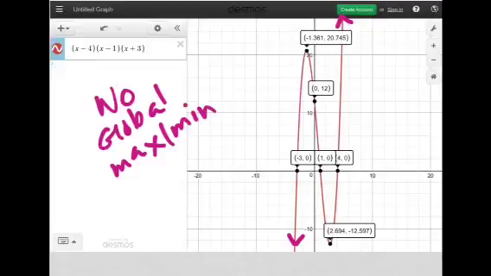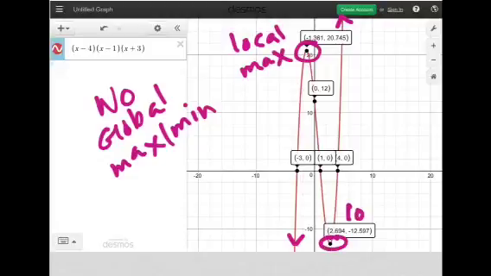It does have one local max right here, and one local min right here. So it has a local max, a local min, and no global max or min. Okay.